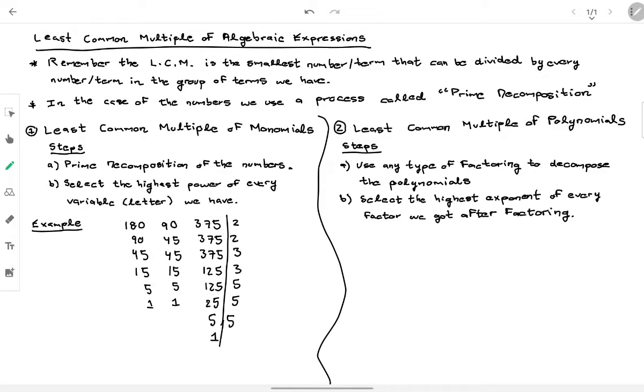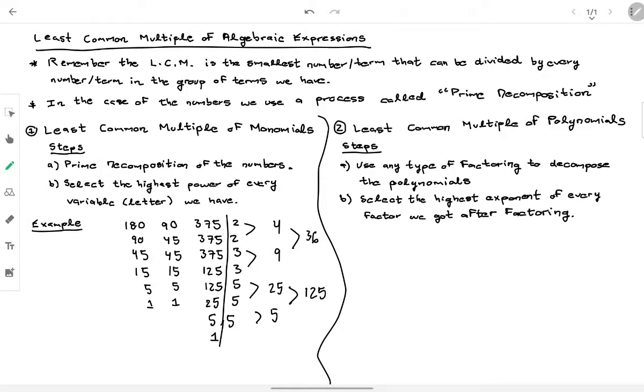So now we need to multiply every number. So it's going to be 2 times 2, 3 times 3, 5 times 5. So it's going to be 4 times 9 times 25 times 5. So it's going to be 36 that multiplies 125.